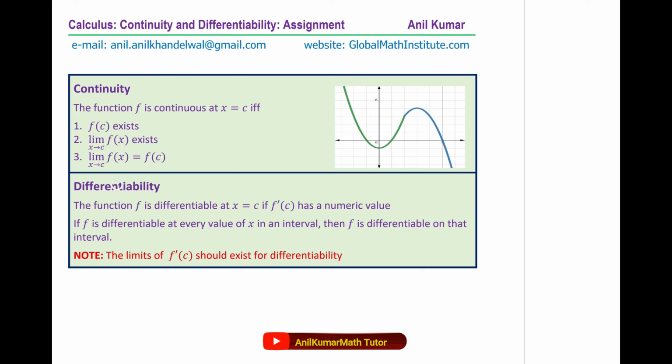Now let's look into differentiability. It is important to note that a function is differentiable at a particular point only if it is continuous there. So we do have continuity as one of the criteria. And above that, the function f is differentiable at x equals c if the derivative of the function has a numeric value at that point.